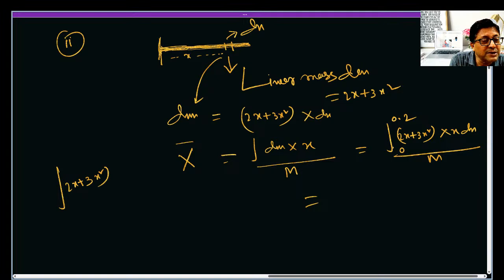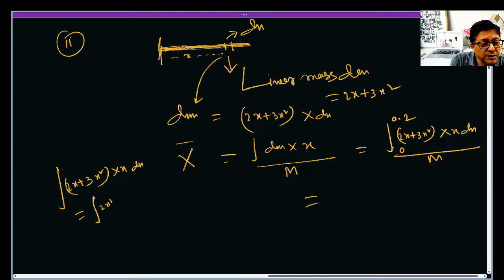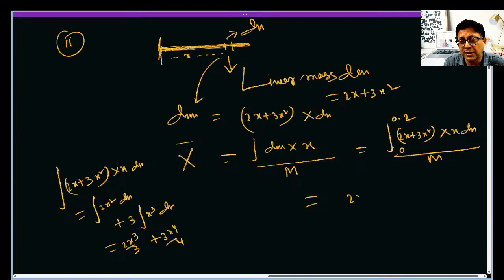Do it with me. 2x plus 3x square into x. Two x square dx. 2x cube by 3, 3x cube by 4 by 3. Now substitute there 2x cube by 3 and 3x to the power 4 by 4. This mass you replace by 2 kg. Substitute 0.2 there.